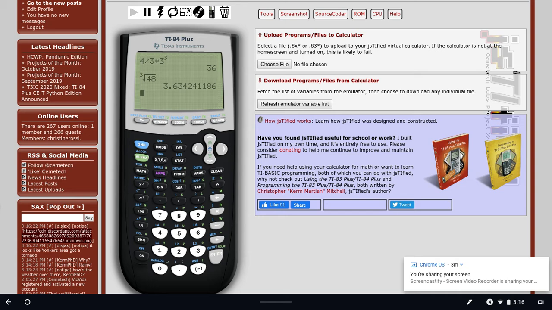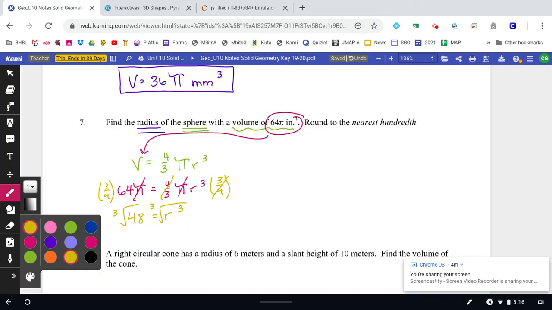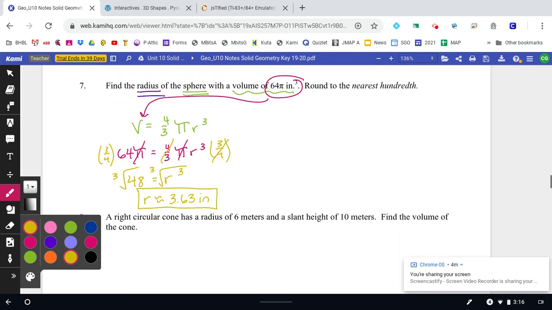All right, not a rational number here. And I do want this to the nearest hundredth. So that means my radius is approximately 3.63 inches. Okay, and again, I found that right there in math. And it was number 4.